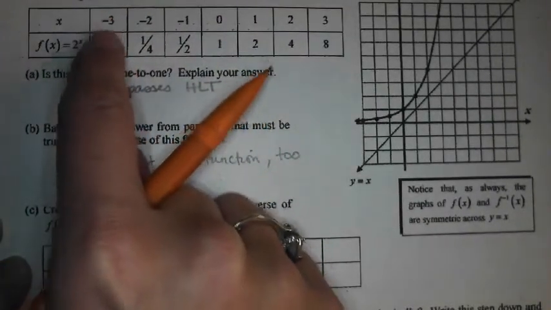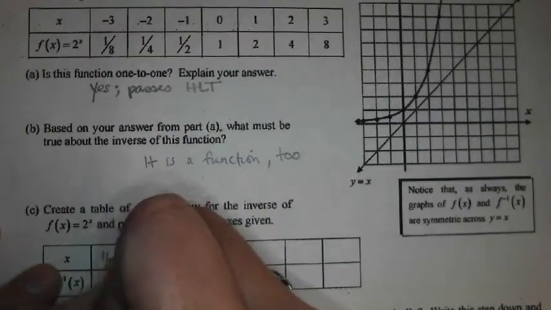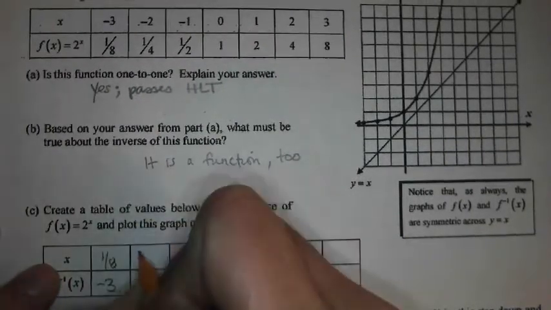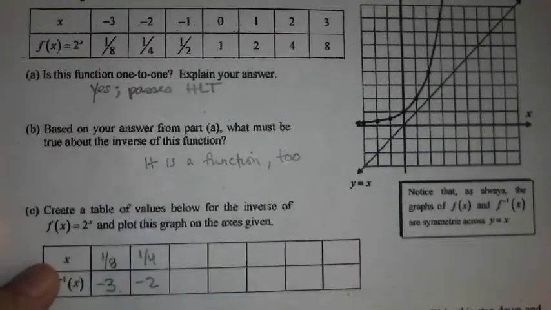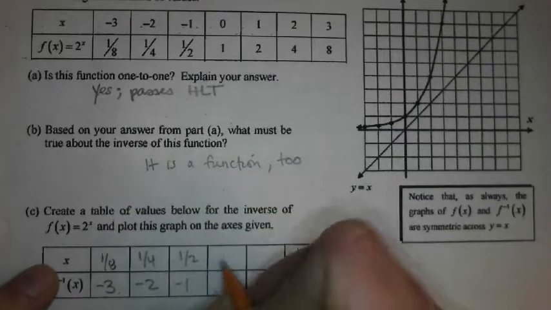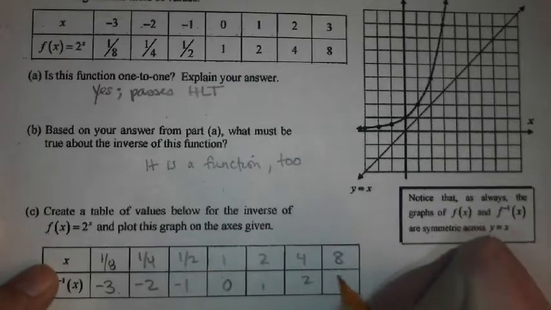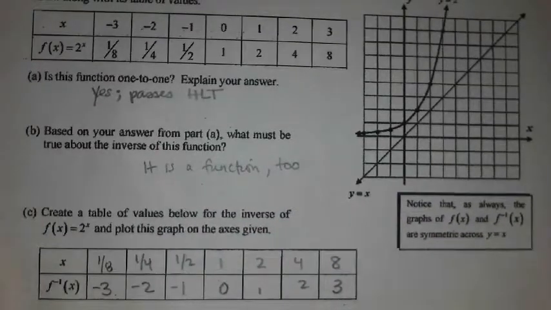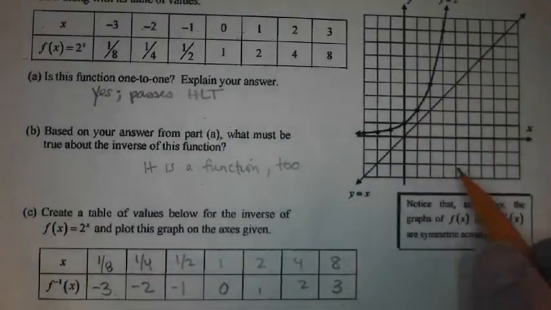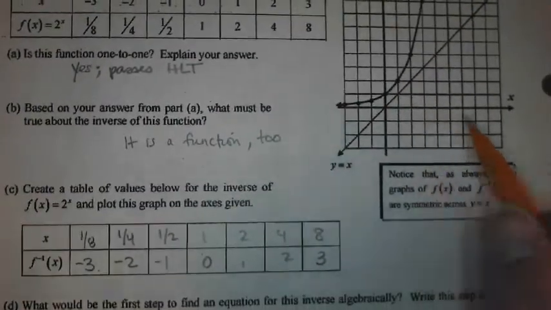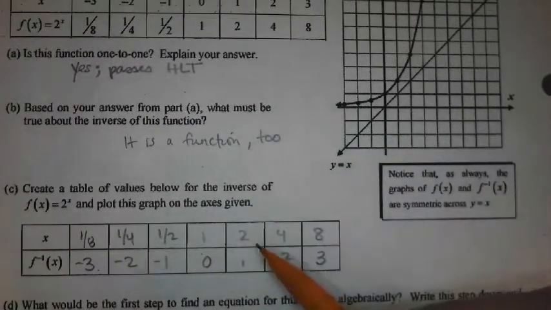So rather than negative 3, 1/8, we're going to have 1/8, negative 3. 1/4, negative 2. 1/2, negative 1. You get the point. Fill all those in. This will be the inverse, which is going to be a log parent graph, what you're about to see here.